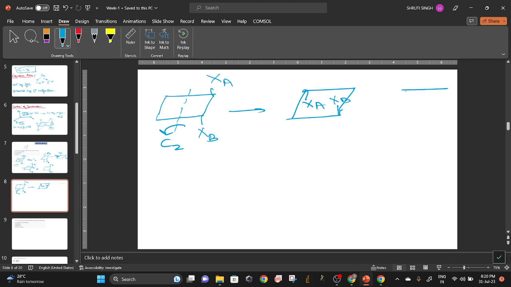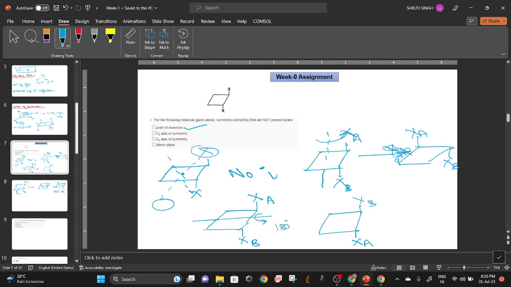So when I write it without A and B, here it is X, here it is X. Now you see the positions have changed. If I do the nomenclature of positions, the positions on which we had substituents changed, right? So this is not an equivalent configuration.